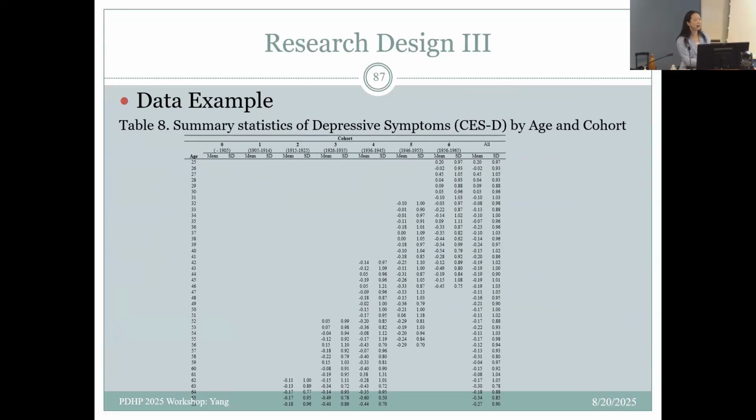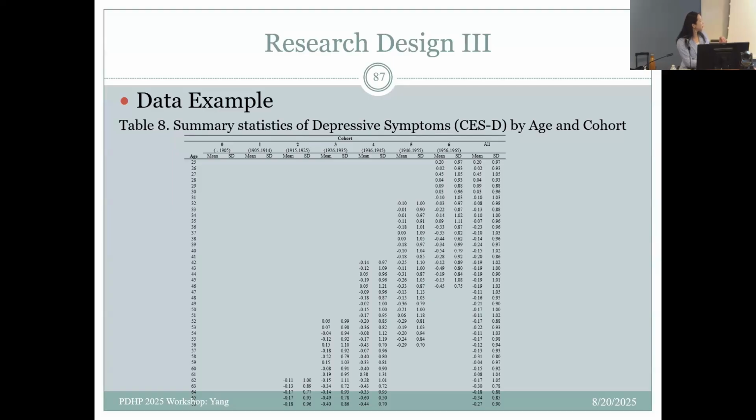And so this is an example from the ACL data that follow the accelerated longitudinal data design. The data are depressive symptoms measured by the CES-D scale. And this is a truncated crosstab of age by cohort, where we have 6 10-year cohorts and ages 25 to 95, where you can see how at each follow-up, respondents in each cohort aged in together.